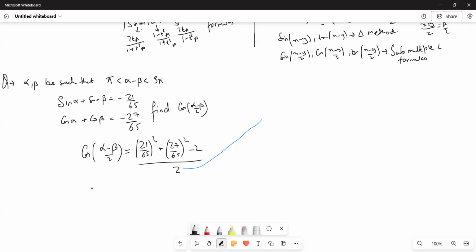And then we need cos of alpha minus beta. So we apply the formula that 1 plus cos of alpha minus beta would be 2 cos square alpha minus beta by 2. So from here we'll get the value of cos of alpha minus beta.